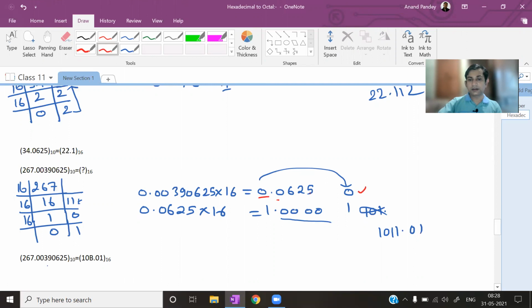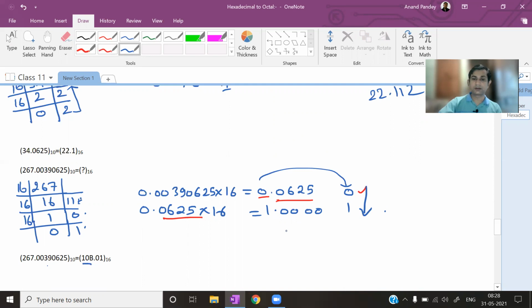When we multiply with 16, we got 1.000. Here we will stop because we are getting zeros in the fractional part. So the answer of this will be 10b from the integral part. For the integral part we got 10, 11, and in the hexadecimal system 11 is written as b, so 10b.